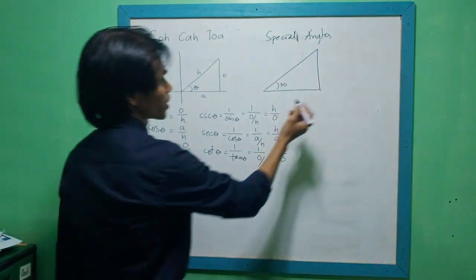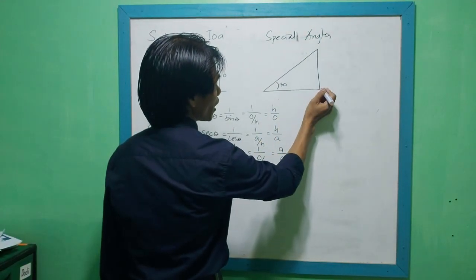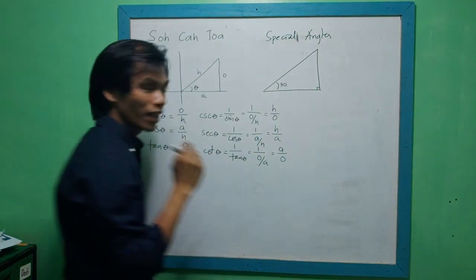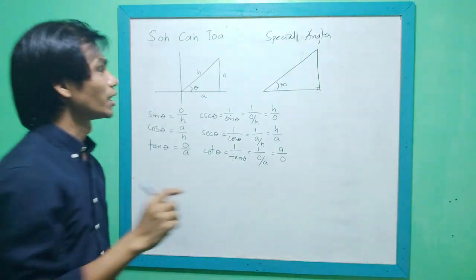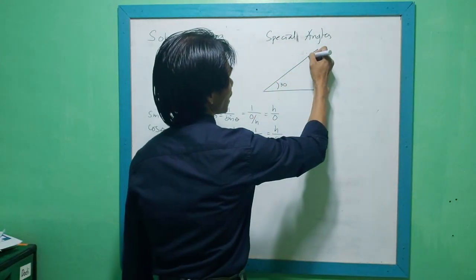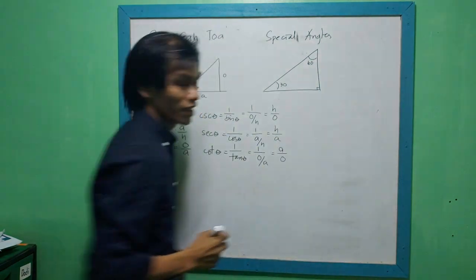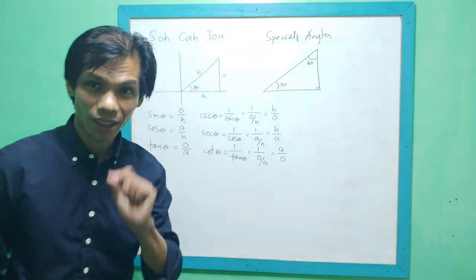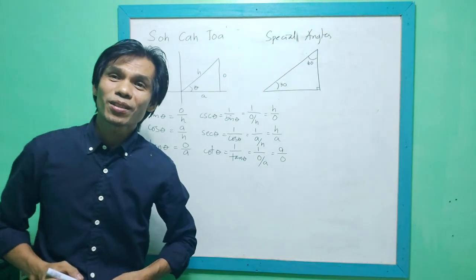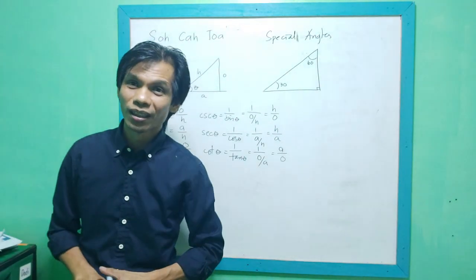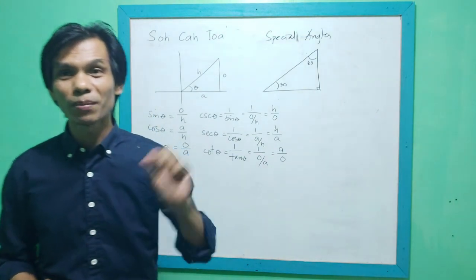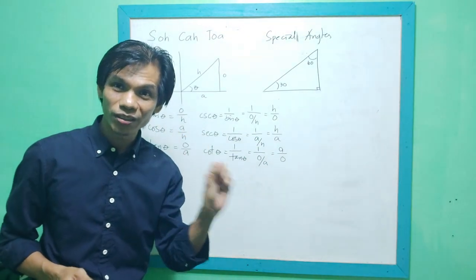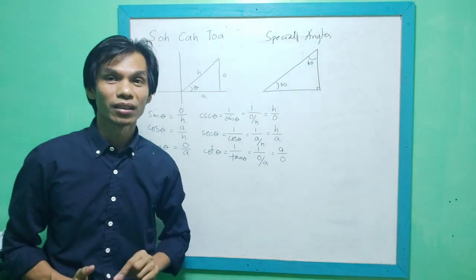Right? Ibig sabihin, meron siyang right angle dyan. Ibig sabihin, 90. Kung 30 to, ang natitira ay, of course, 60 degrees.